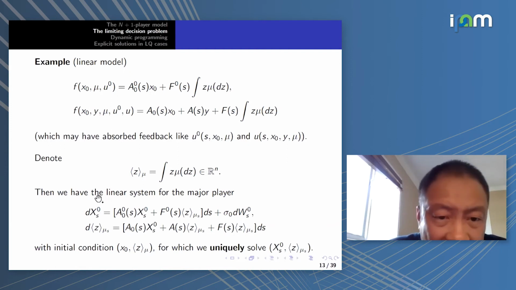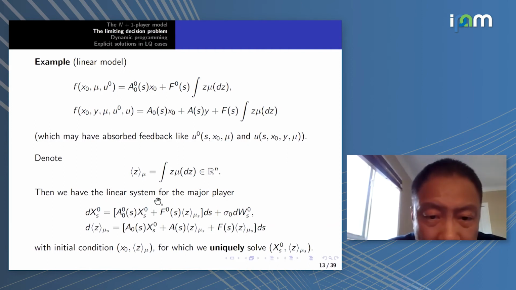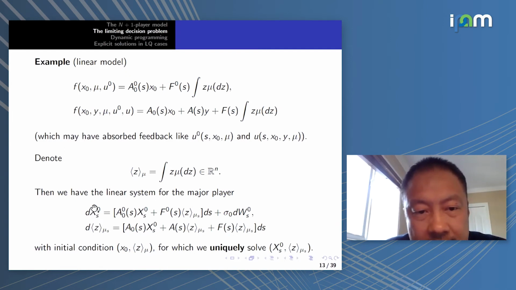In the end, for the major player, he or she will see two related processes. The first is its own SDE. The second is actually a random ODE. Why is it random?